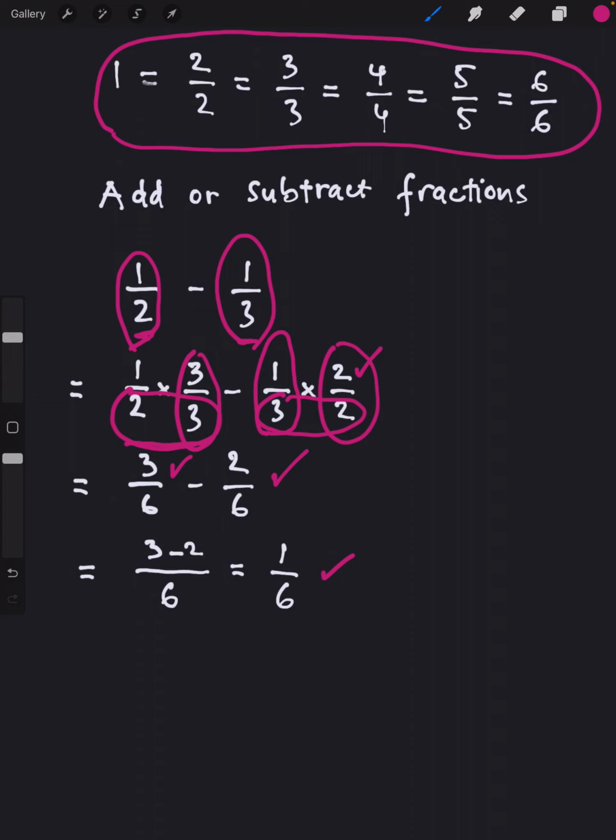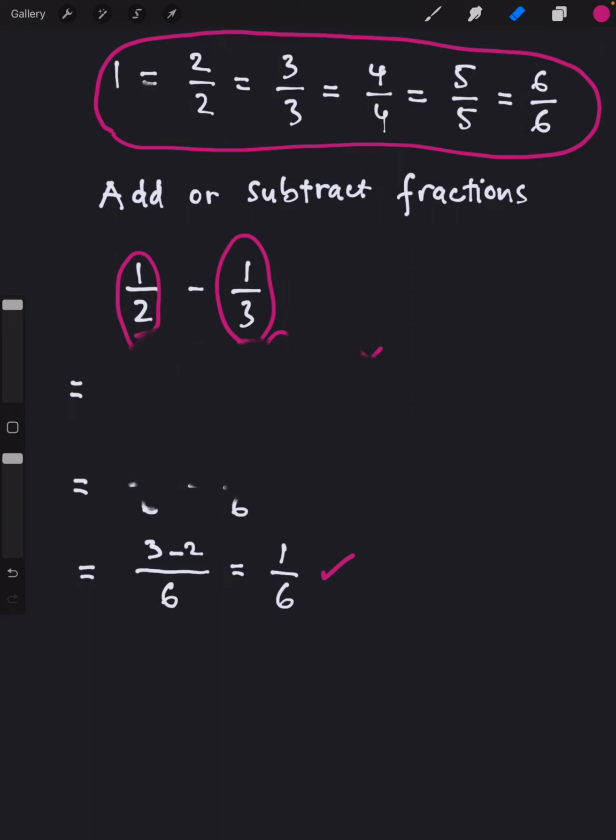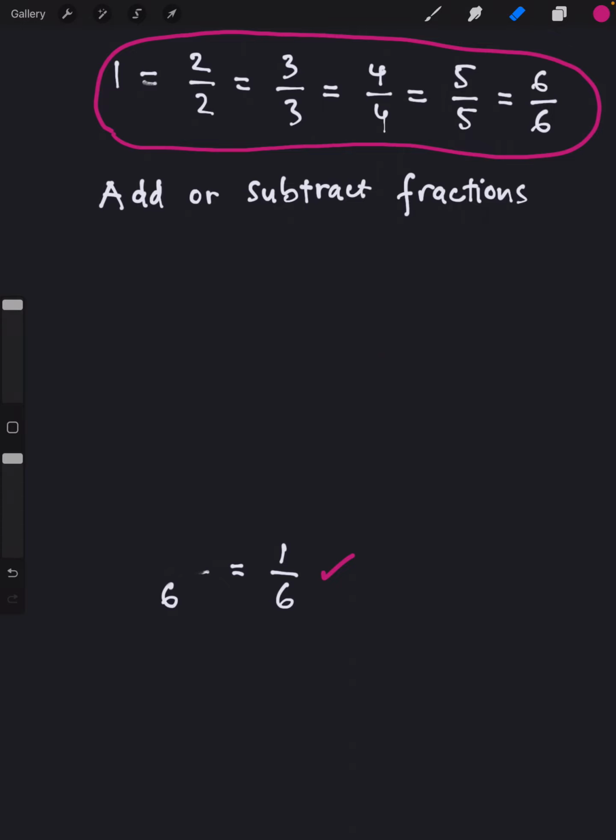I can give you another example, when we add two fractions with different denominators. The fractions are 2 over 5 plus 3 over 10.